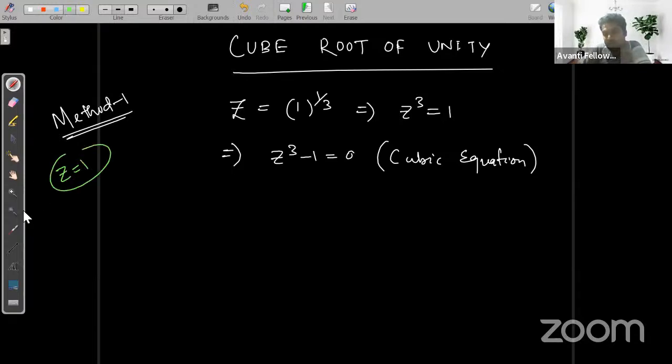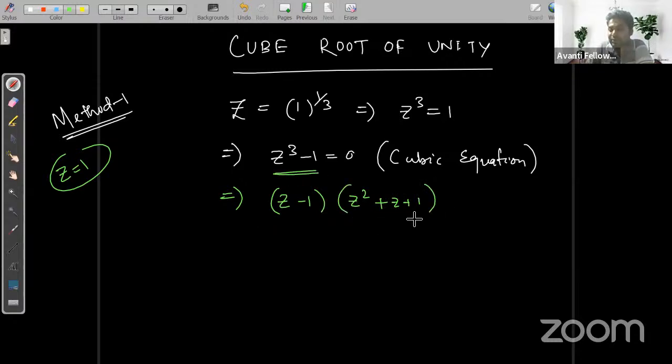Yes, 1 is a root of this equation. Very good. So if 1 is a root, we can use factorization. We can factorize z³ − 1 as (z − 1)(z² + z + 1) = 0.